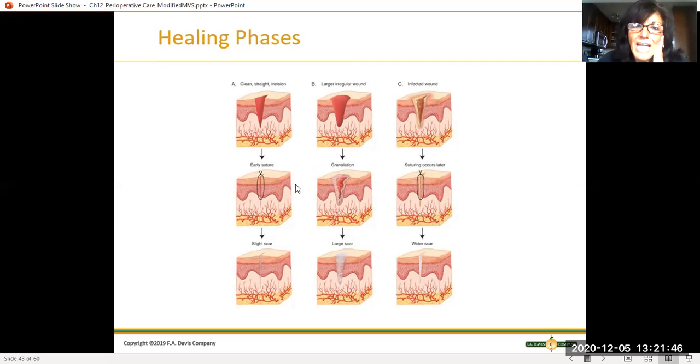If the patient should have a wound that dehisces, right, opens up, that will present them with a large, irregularly shaped wound. That wound cannot be closed on the outside because it needs to heal from the inside out. So what you're looking for is granulated tissue.